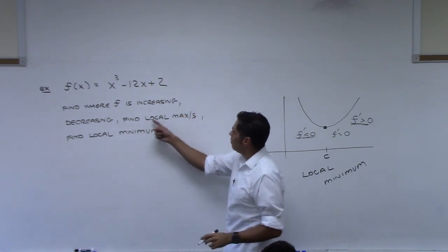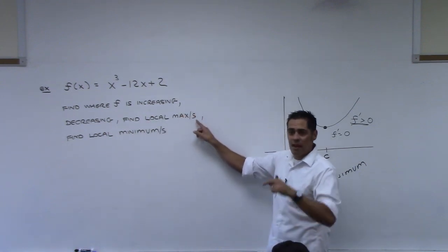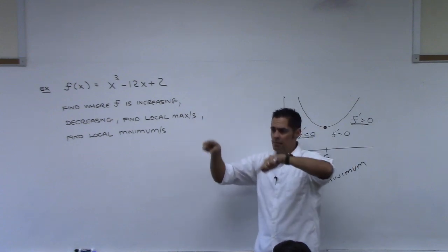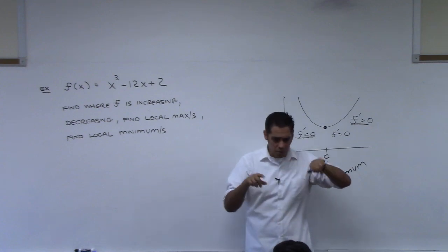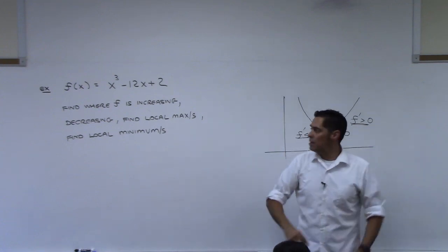So I'm going to find the local max or maxes, because you could have multiple local maximums. Remember, you could have multiple hills. And then find the local minimum or minimums. You could have multiple places where you have low points.